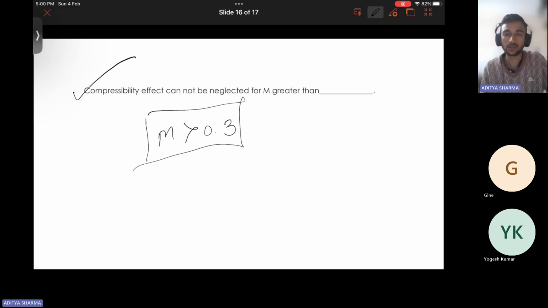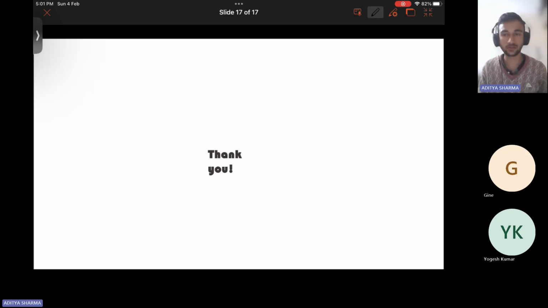So you cannot say that if the flow is subsonic, then it will always be incompressible. Its speed will be less than the speed of sound, but there will be compressibility after this 0.3 value of Mach number. All right. So I have come to the conclusion of this session.